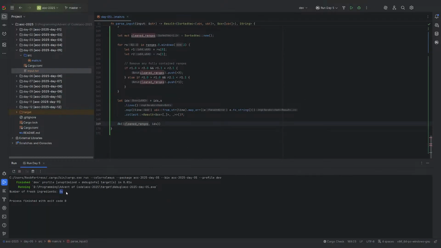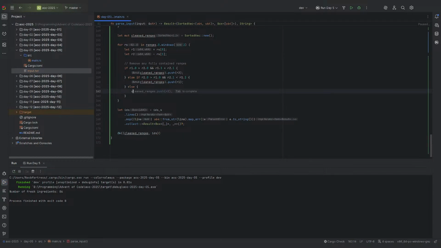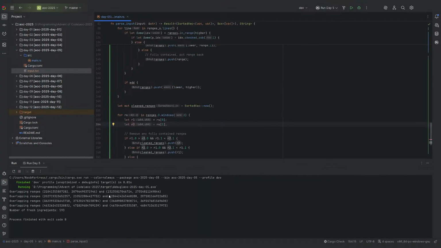It does, but that's now way lower than expected. And this will not push the last elements in. And there's still overlapping ones. How is that possible?